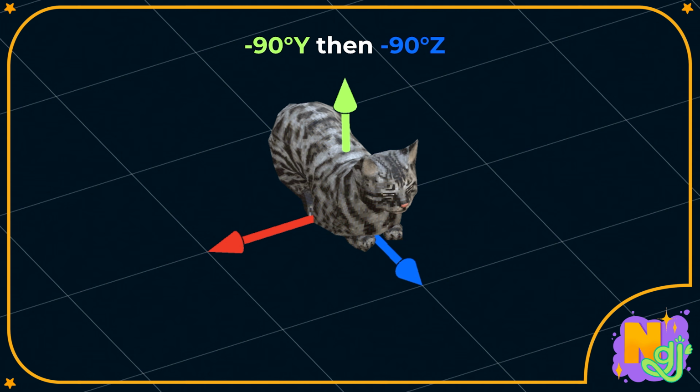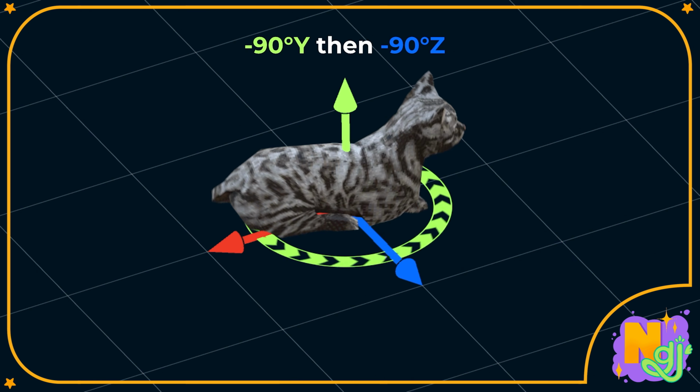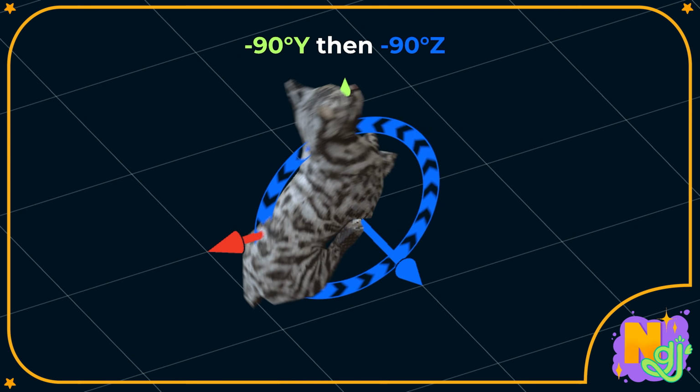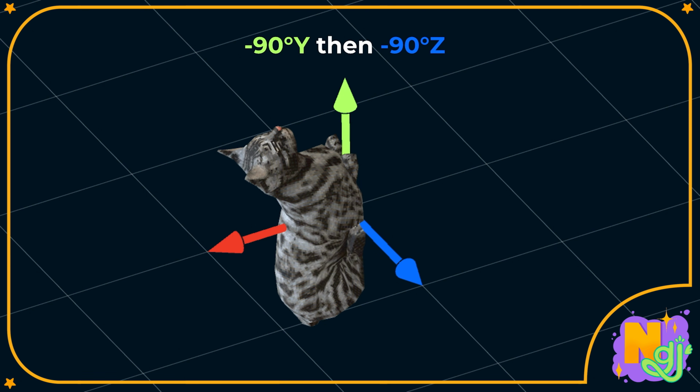And this is a left-handed coordinate system, so you can use your left hand to figure out which direction it's going to rotate around. If it's negative around the y-axis, you can use your left hand to figure out beforehand which direction it's going to go. OK, so let's just do that rotation. Negative 90 around y, and then negative 90 around z. And now the cat is pointing directly upwards.